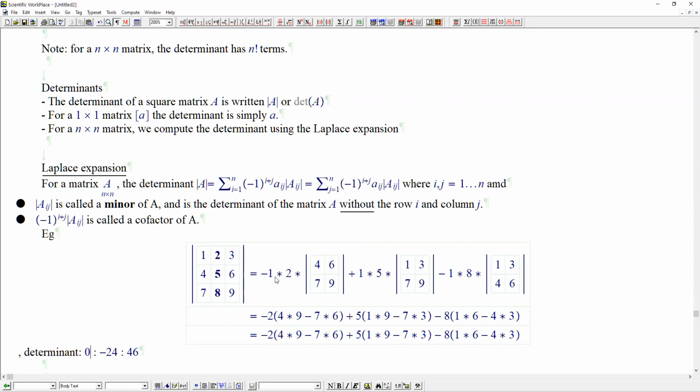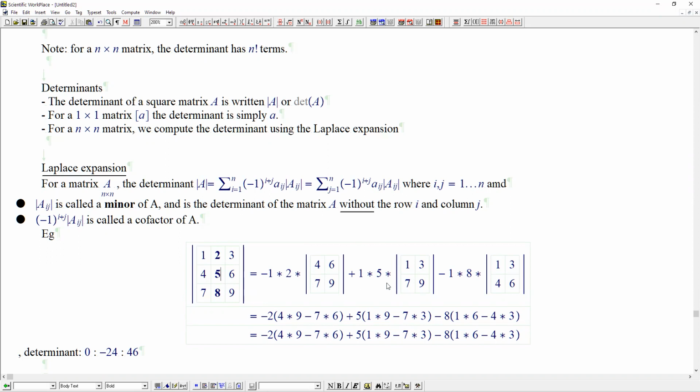It's -2 times the determinant of 4, 6, 7, 9, plus 5 times the determinant of 1, 9, 7, 3, and -8 times the determinant of 1, 3, 4, 6. The signs go plus, minus, plus, minus, plus.